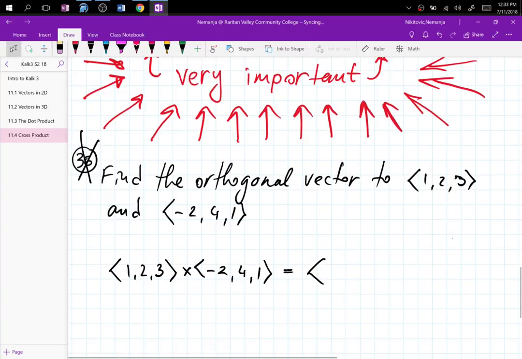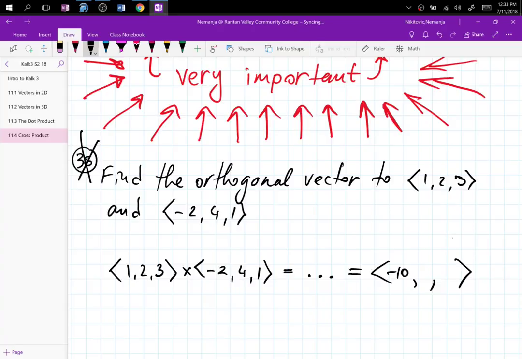All right, so what's the answer? We have 2 minus 12. That's -10, right? Then we have 1.